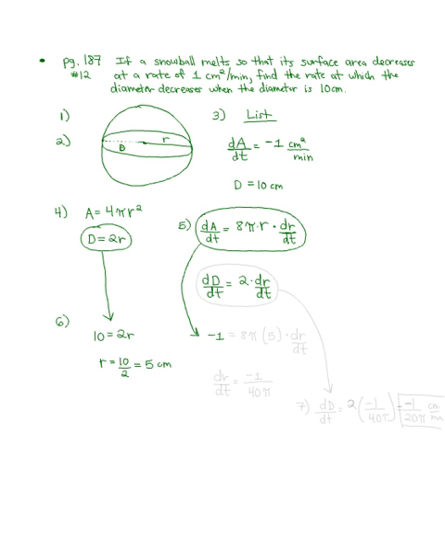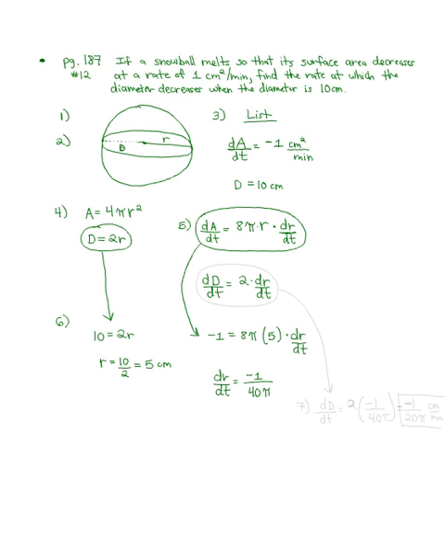Set it equal to 8 pi times r, which we found was half of 10, which is 5, and then times dr/dt. So solving for dr/dt, we get -1 divided by 40 pi.